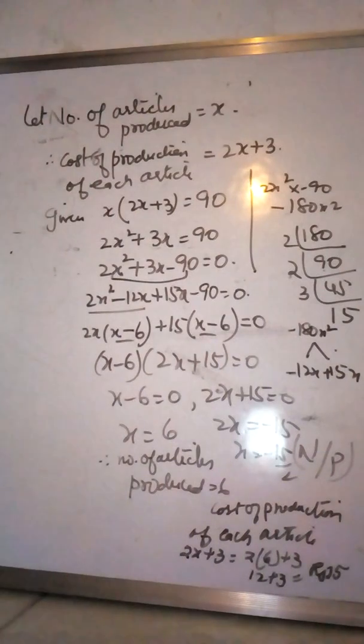So we got the number of articles as 6, and the cost of production of each article as rupees 15. So this is how we need to find out using the quadratic equation. Thank you.